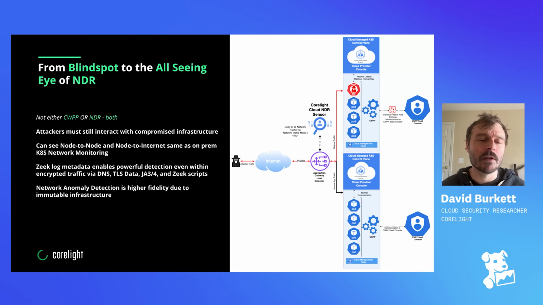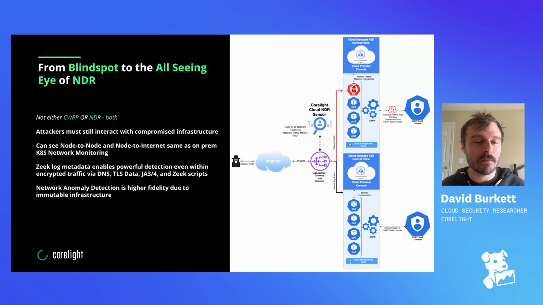There's also been the advent of JA3 and JA4. Something that we maintain at Corelight is HASSH, which allows you to fingerprint SSH connections. Again, that's super powerful in the cloud. If you look at the recent CISA joint advisory, one of the recent Chinese threat actors was using a custom SFTP tool, which, if you're not familiar, uses SSH under the hood.